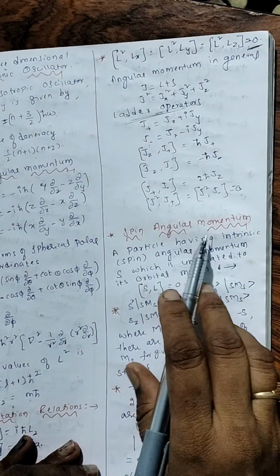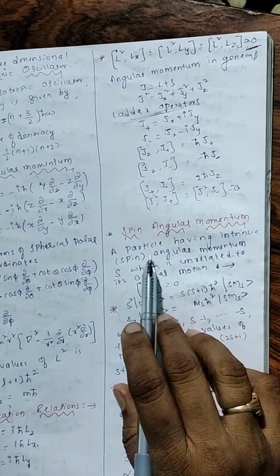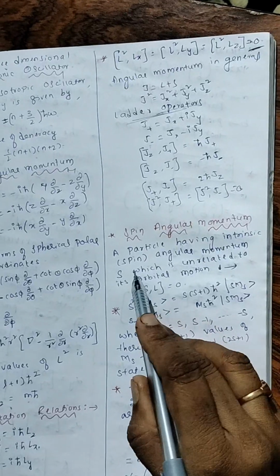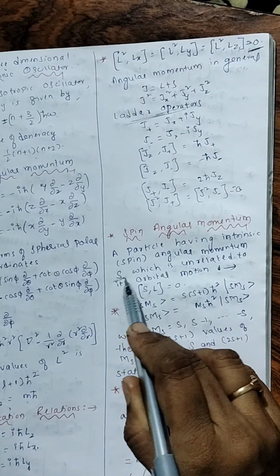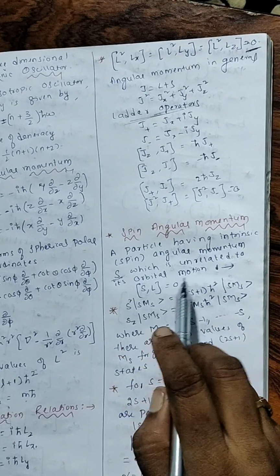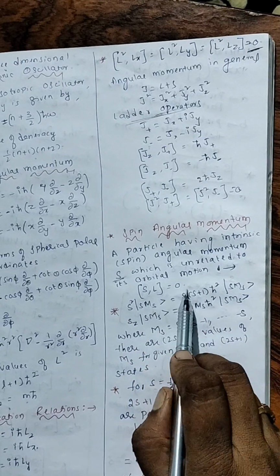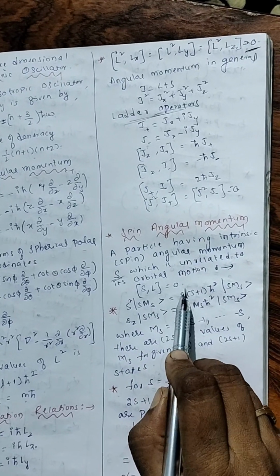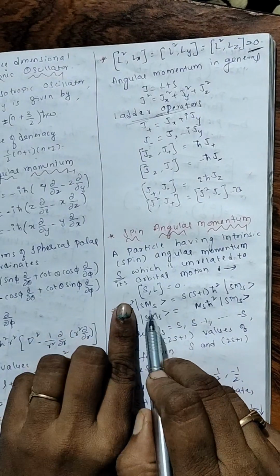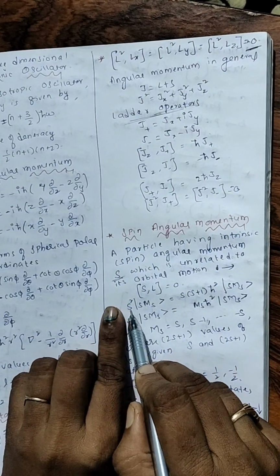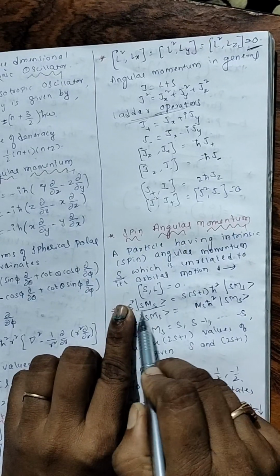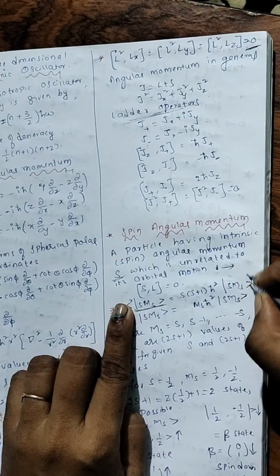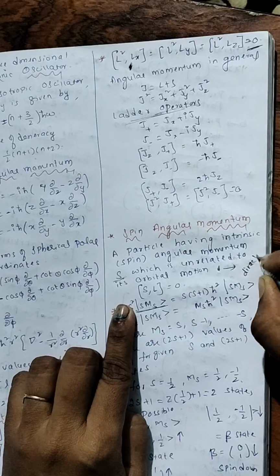spin angular momentum. Okay. A particle having intrinsic angular momentum, that is spin angular momentum, we denote with S, which is unrelated to its orbital motion, is S comma L equal to 0. Okay. This is S square spin angular momentum, this symbol you are seeing, no? This we call Dirac-Ket.